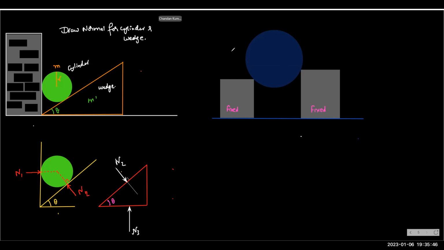Correct. So also, okay, again, as a practice, always draw the vertical line.